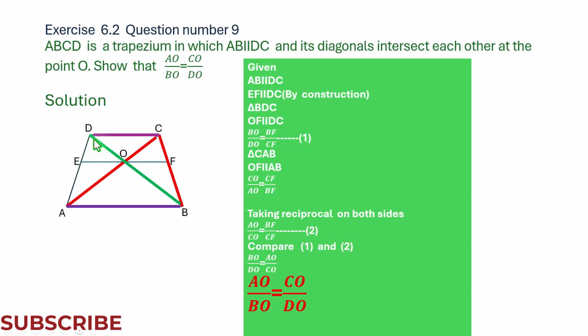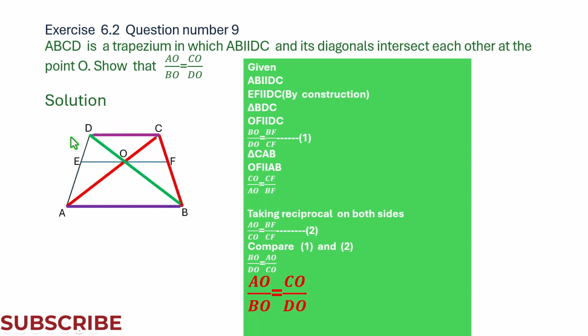Here take any two triangles that have one side common. So take triangle CAB and triangle BDC.